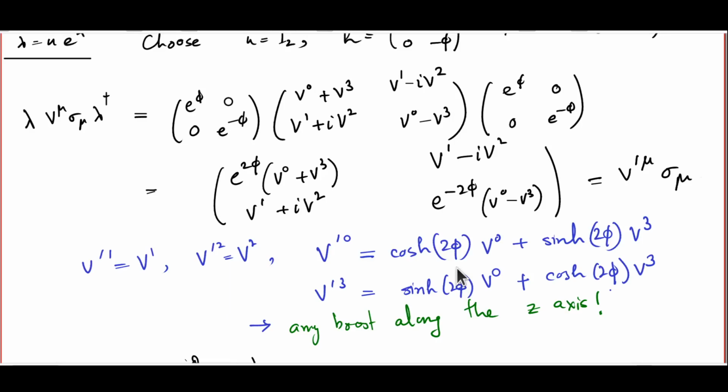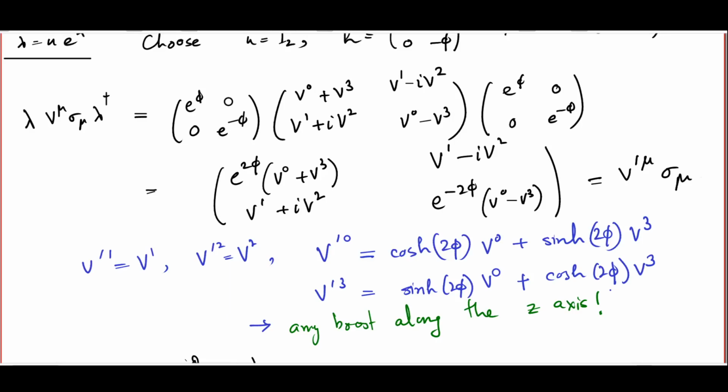And so you can immediately read off the connection. Tanh 2 phi, the ratio between this coefficient and this coefficient, is nothing but our beta. So each and every boost along the z-axis can be obtained by this kind of a map, just by choosing the phi appropriately.